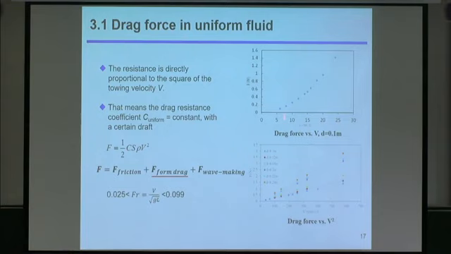This is the drag force versus the towing speed, and the draft is 0.1 meters. Maybe this can't be seen very clearly, but if we change the horizontal axis to the square of velocity, we can find the resistance is directly proportional to the square of the towing speed.